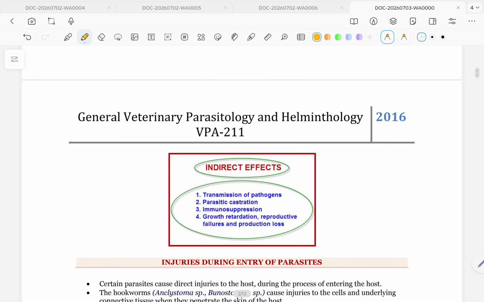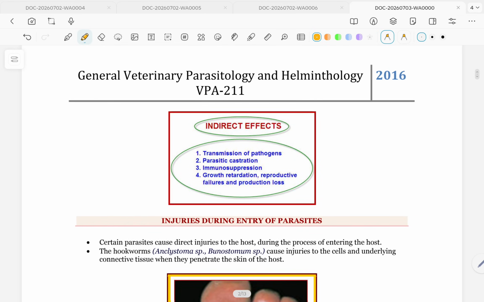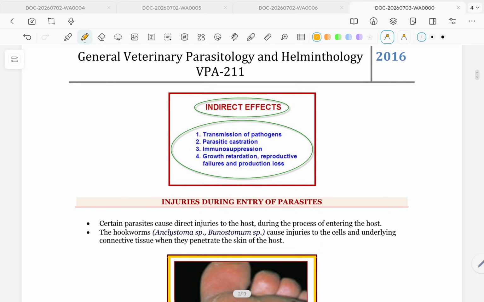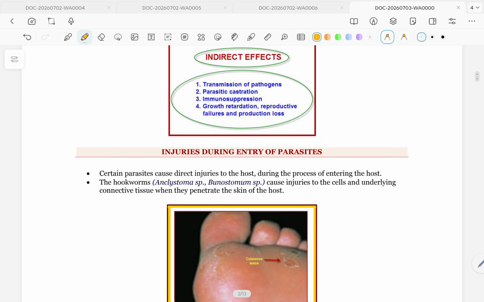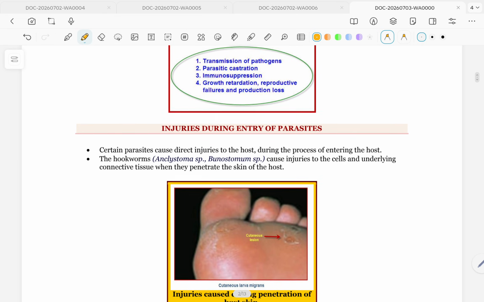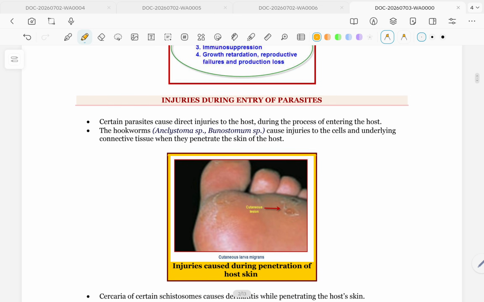Indirect effect: transmission of pathogen, parasitic castration, immunosuppression, growth retardation, reproductive failure and reproduction loss.